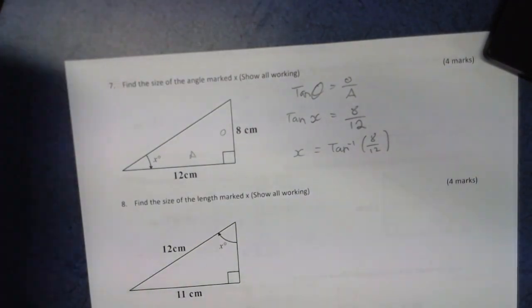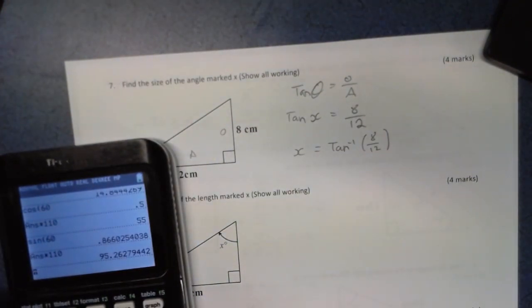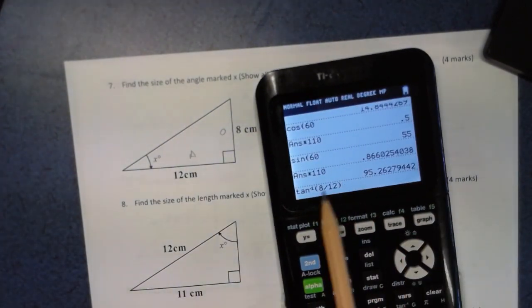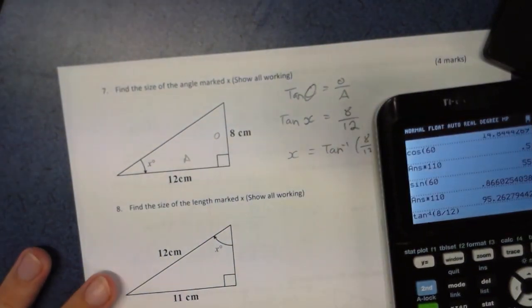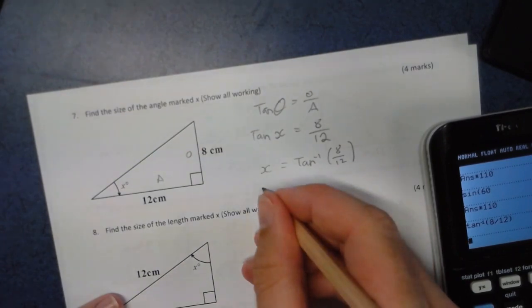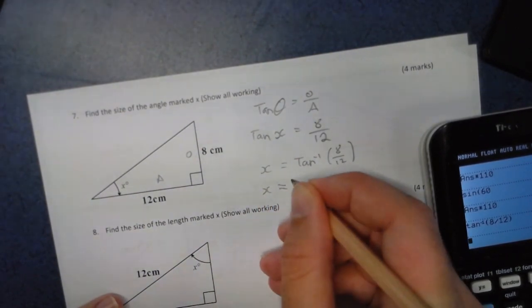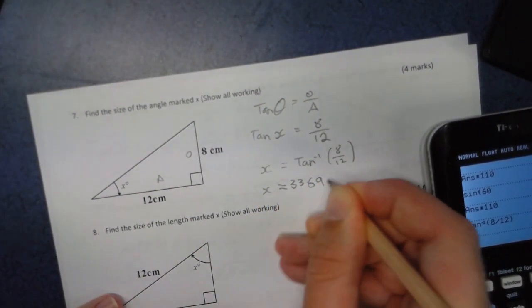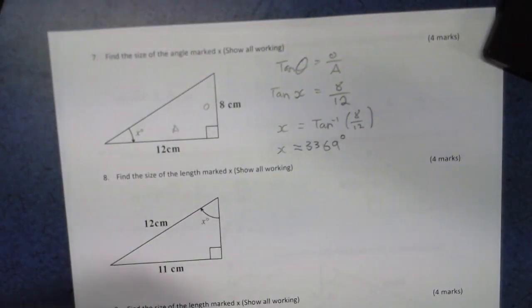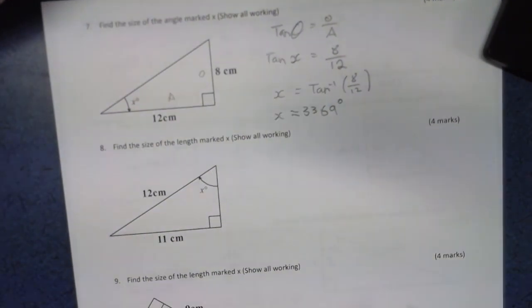You don't even need to simplify your fraction because your calculator does it for you. Inverse tan 8 divided by 12. Notice I use 8 divided by 12. It's just easier to do it that way. Which means x is approximately 33.69 degrees. Don't forget we're finding an angle, so our answer's in degrees.